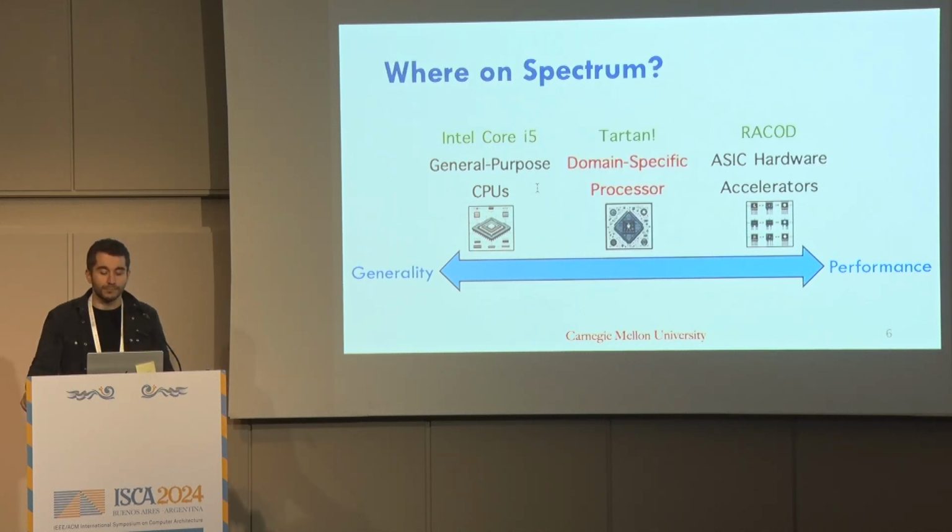So it proposes a domain-specific processor, which is a CPU essentially. So it is general enough to run a variety of workloads. But in the meantime, its architecture is specialized not just for one specific application, but for a domain of applications.